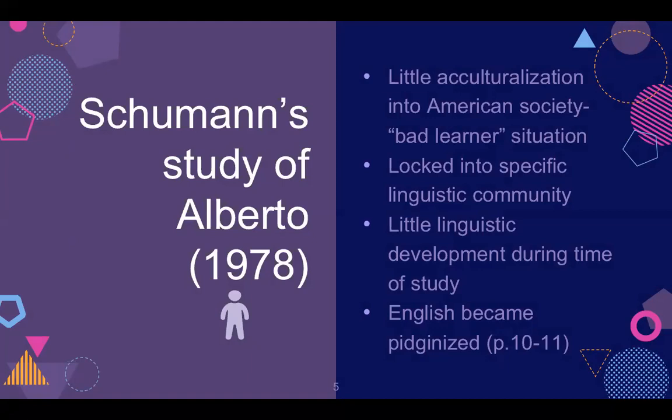He was put into this category of a bad learner. He was locked into his own specific linguistic community with little opportunity to communicate with native speakers, have native models, and in that way, his English became pidginized.